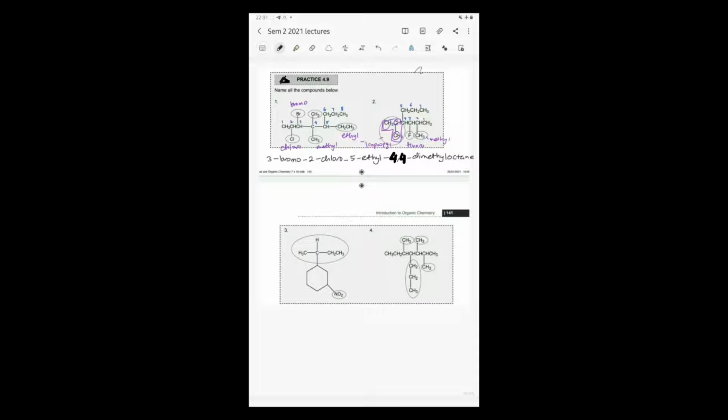So the name will be 3-fluoro, and then I before M, so isopropyl is at carbon number 4, 4-isopropyl, and then 2-methyl. The name is quite long, so I have to continue below. Heptane.